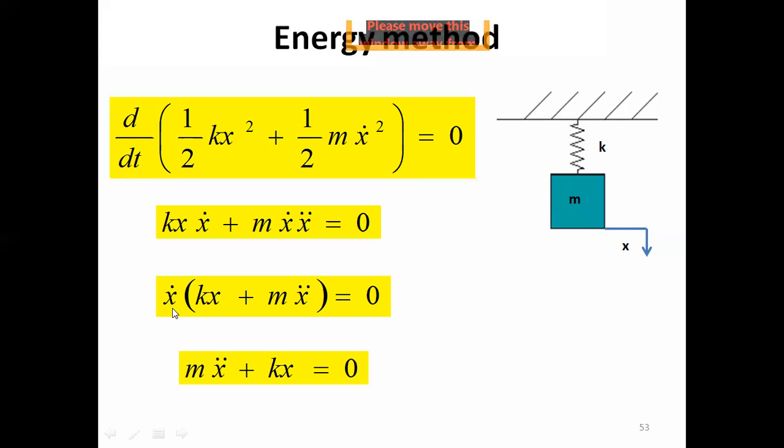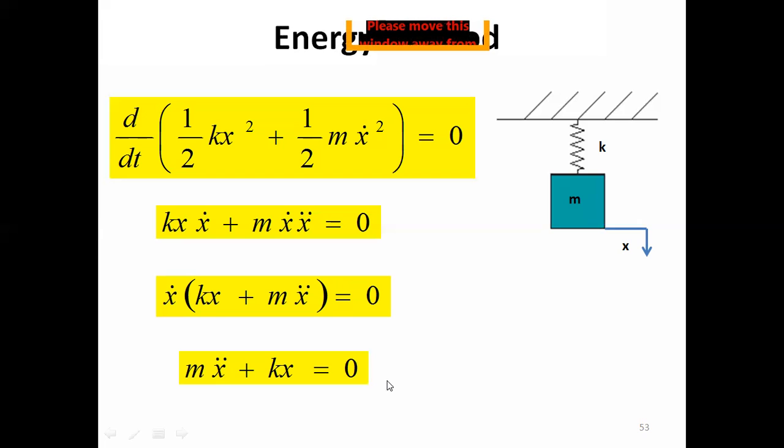What does that mean? In order for this statement to be correct, the quantity inside the parenthesis must be equal to 0 at all times during the vibration. So it means that m x double dot plus kx is equal to 0 from time 0 to infinity.